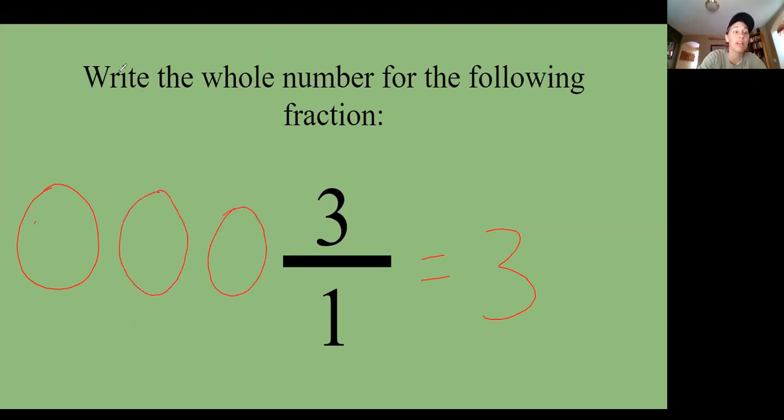So if you have 3 of them filled in, 1, 2, 3, then you have 3 circles, which is why it equals 3. So 3/1 equals 3. 4/1 equals 4. 5/1 equals 5. Anytime the bottom number is 1, the answer is going to be whatever the top number is. And you can think about it like this. What is 3 divided by 1? It's 3. That's what that means, 3 divided by 1.